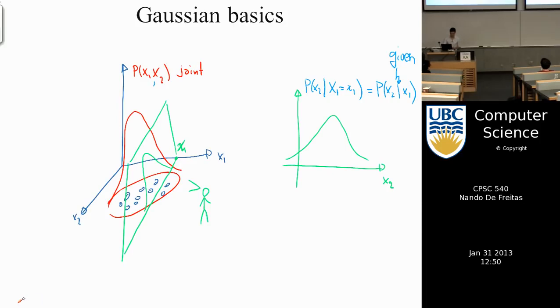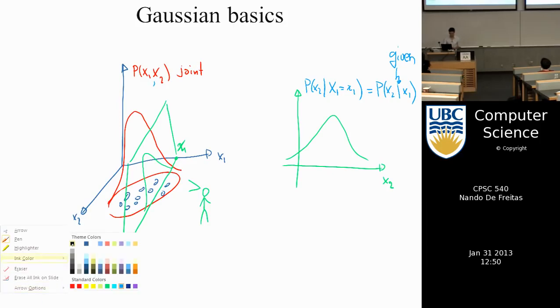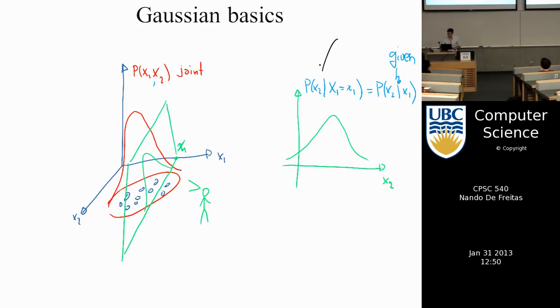So this guy here goes by the name of the conditional distribution. Okay. Now, let us assume that the distribution of x1 and x2, the joint, is Gaussian with mean mu1 and mu2.